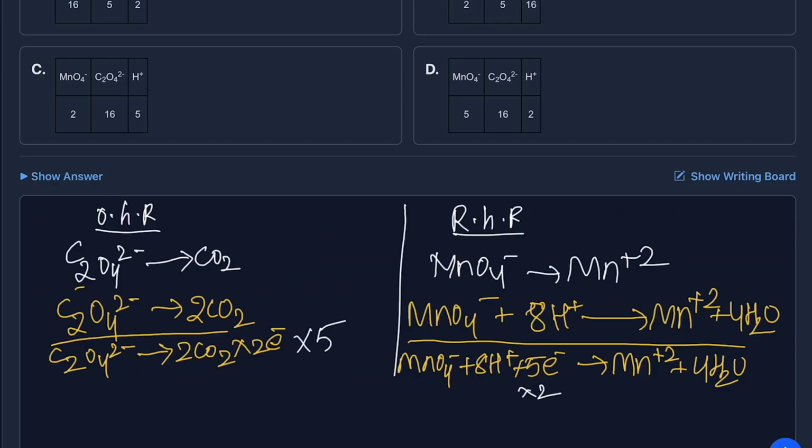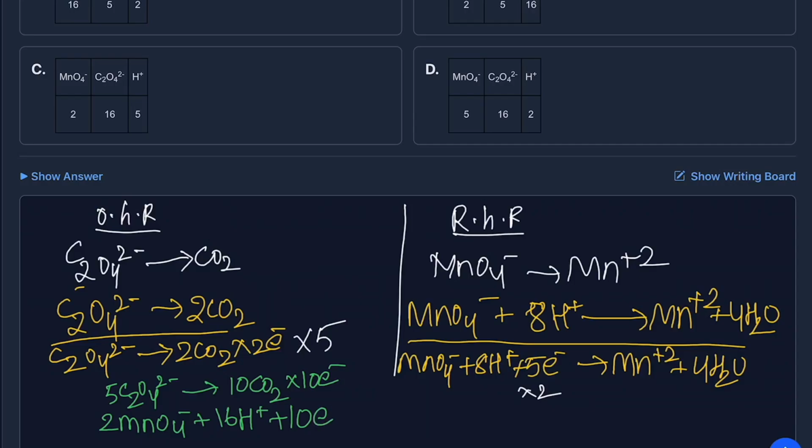So we can write the total equation. 5 C2O4 2 minus gives 10 CO2 plus 10 electrons. Next, 2 MnO4 minus plus 16H plus plus 10 electrons gives rise to 2 Mn 2 plus plus 8H2O.